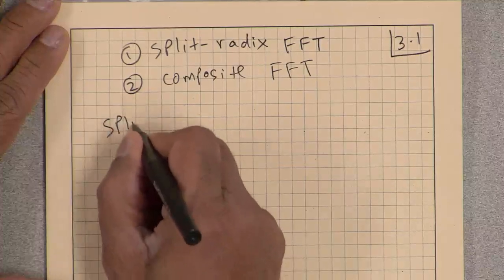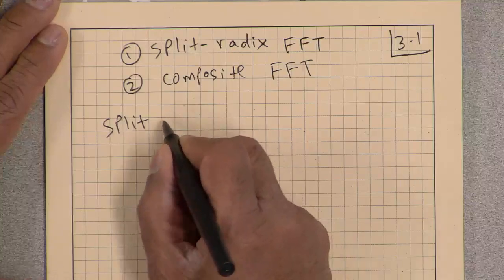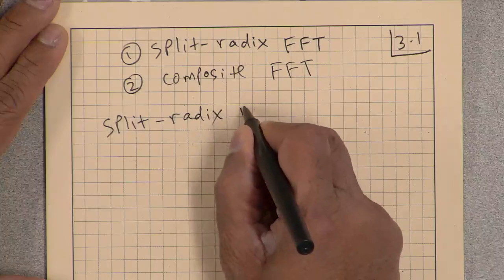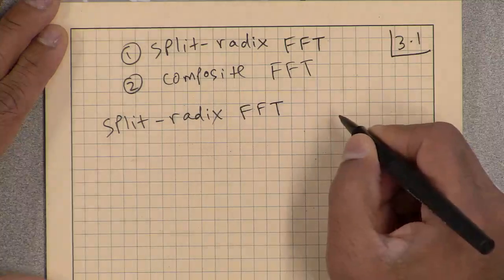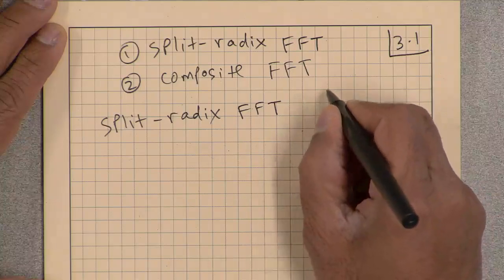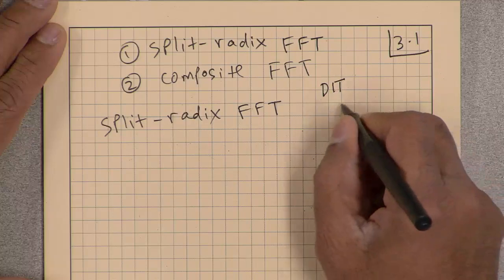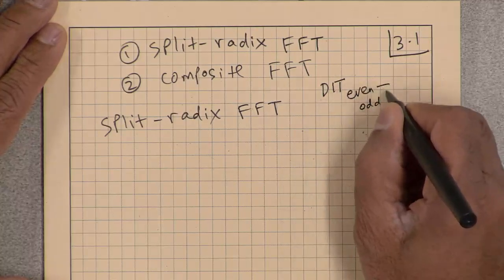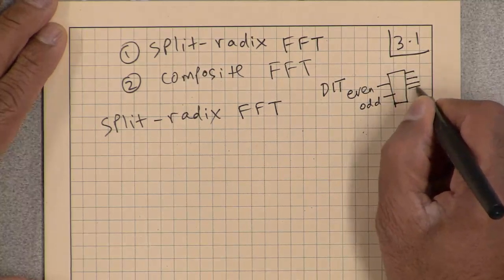So the basic idea: what was the main idea in the Cooley-Tukey algorithm? In decimation in time, DIT, we downsample the time to even and odd, and the outputs were in order.